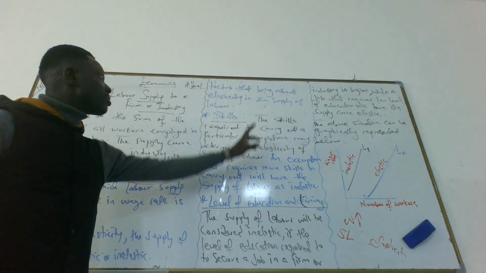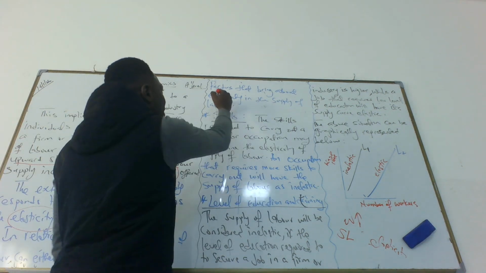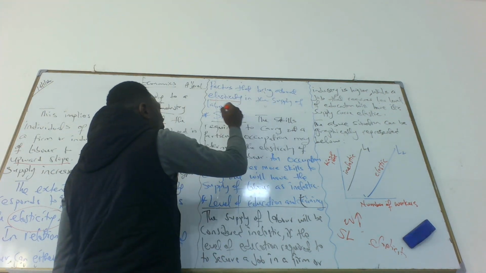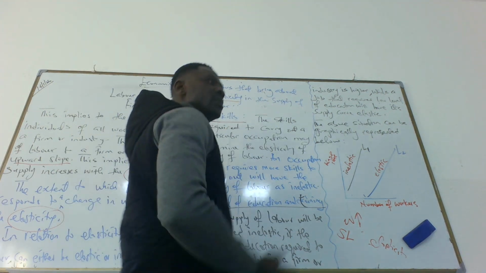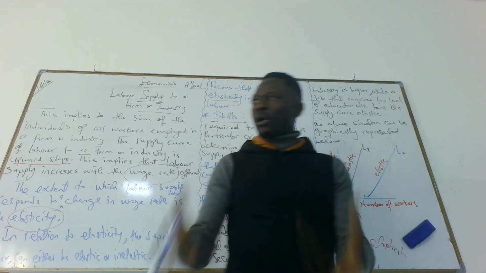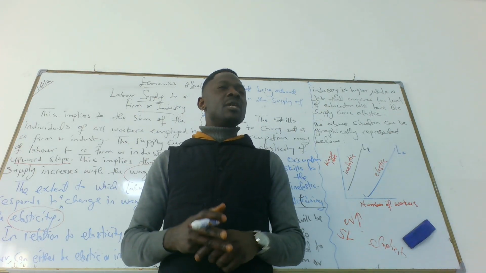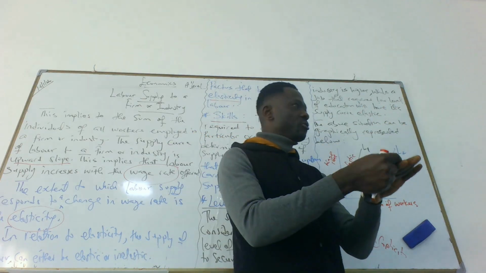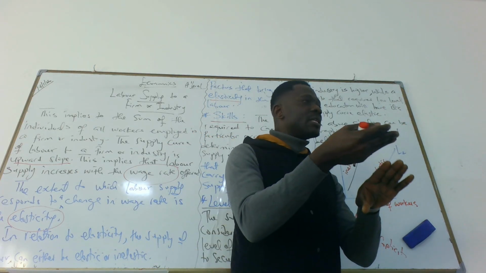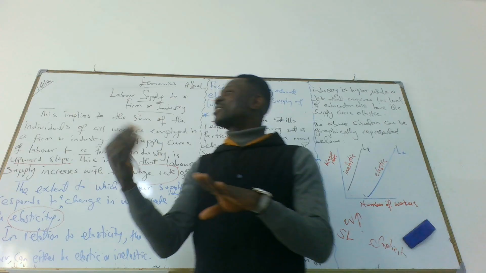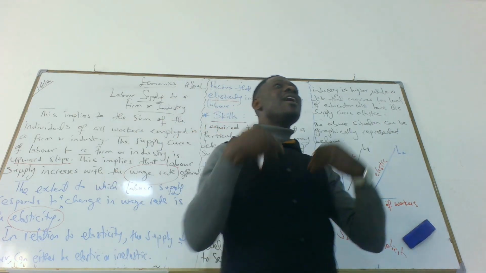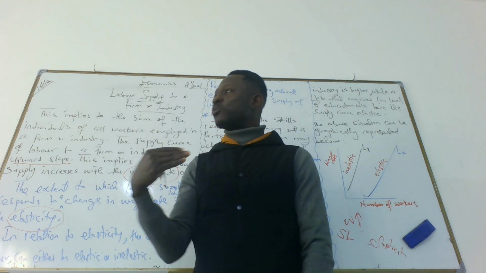That takes us to the factors that bring about elasticity in the supply of labor. The first one is skills. Skills are what you can offer, your human capital. If in a particular industry the wage rate is increasing and you don't have the required skills, you can't get a job, so the supply of labor will not increase.